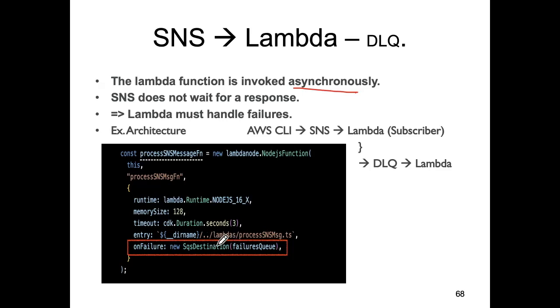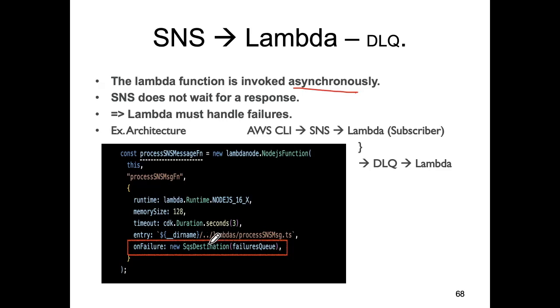The destination actually can be anything. In my case, it's an SQS queue, but there are other types of destinations as well. I think you could have it go into possibly a database, but there are other types.